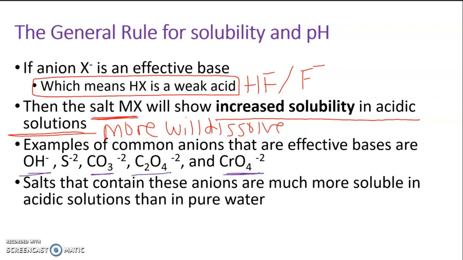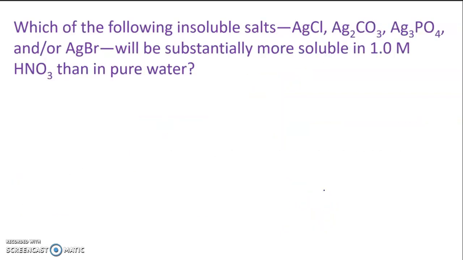And yes, the key is that they are much more soluble in acidic solutions than in pure water because they will react with the hydrogen ions. While if your anion comes from a strong acid, it's not going to react with the hydrogen ions and equilibrium won't shift. So let's do a practice question really fast.